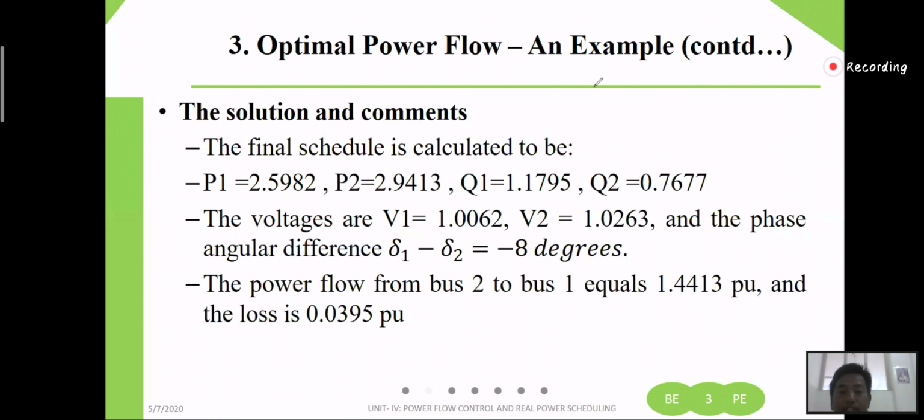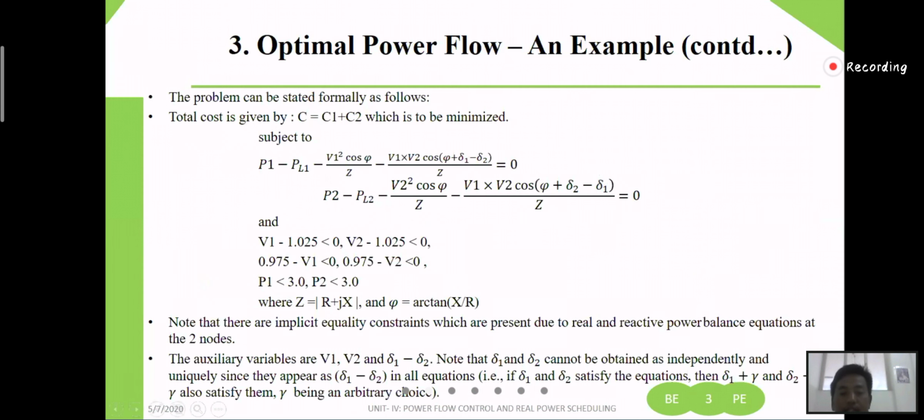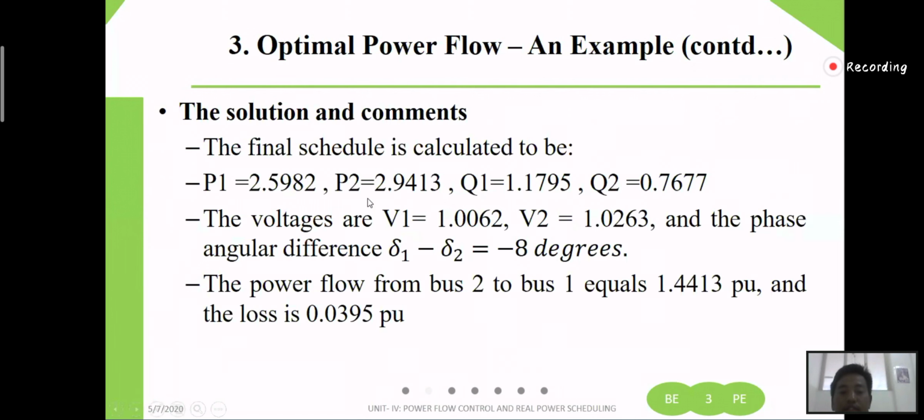It has been clearly mentioned that voltages V1 and V2 should be at most 1.025 per unit, which means the voltage at both the buses should be within 1.025 per unit. So V1 is not violating, right? But V2 shows a slight variation.